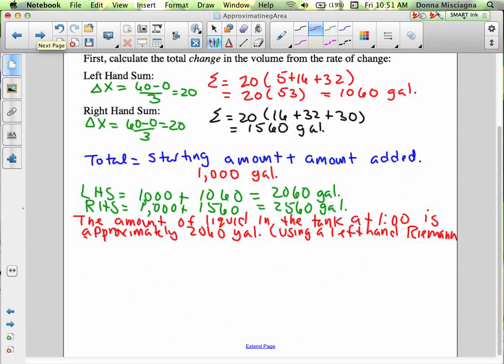That's more space than I need, but that's all right. You can always rewind to see the stuff above, but you probably have that written down. And approximately 2,560 gallons using a right-hand Riemann sum.